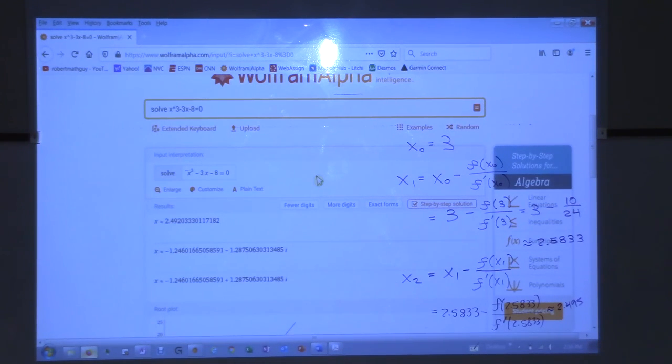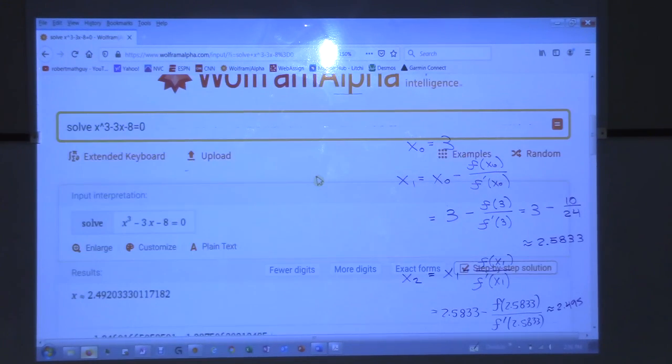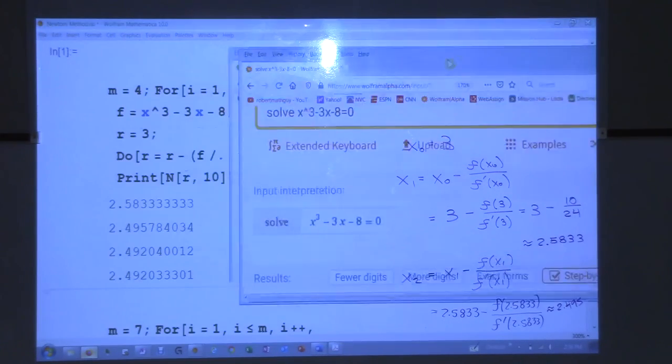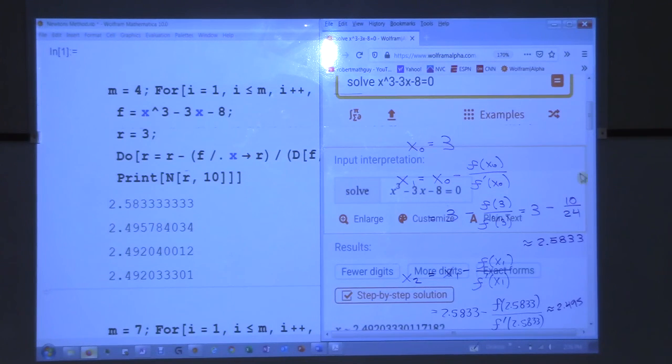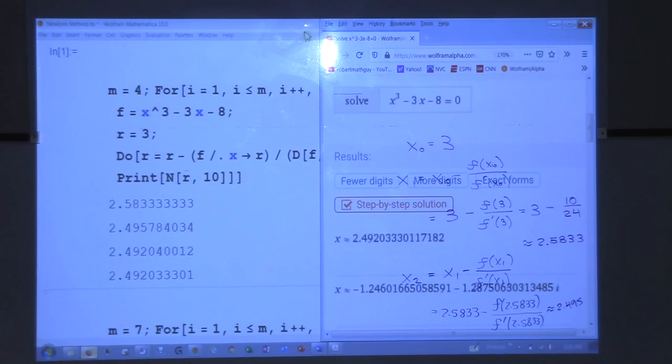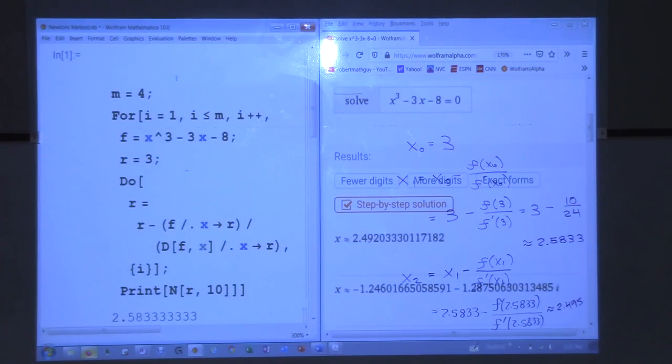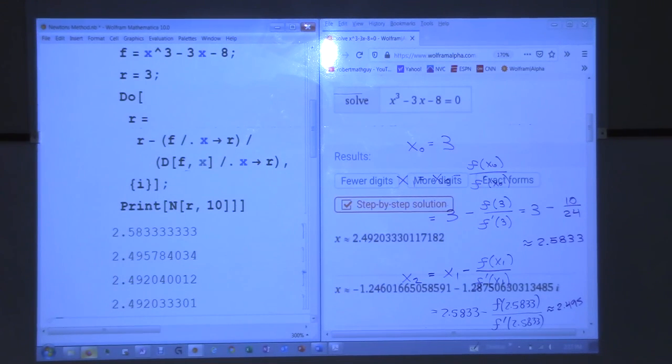Okay. So do y'all see what Wolfram Alpha is telling us?